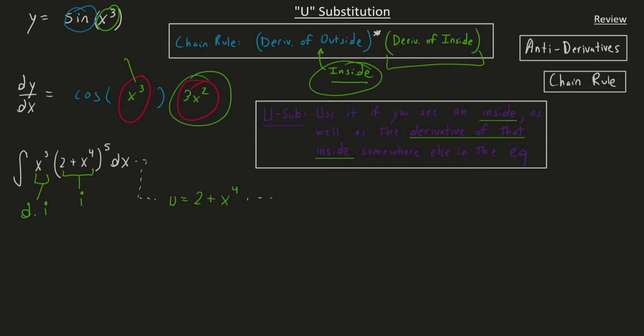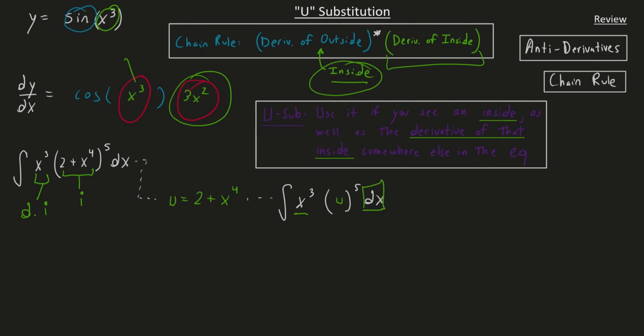So all these x's gotta get out of here, and that dx has to get out of here too, and we'll go over that in a second. So if I write my equation again, I put that u in there. Instead of 2 plus x to the fourth, I have a u now. But I still have to get rid of these x's, and especially this dx.